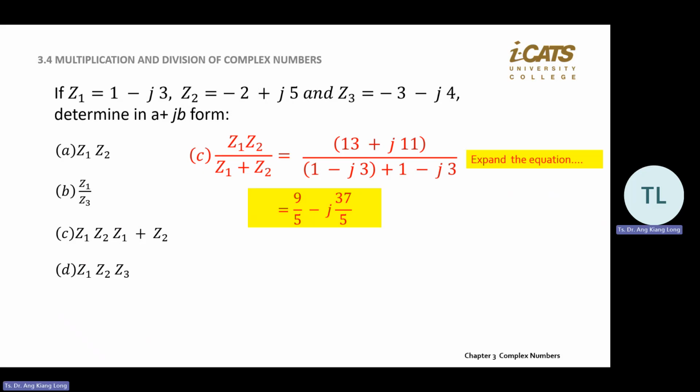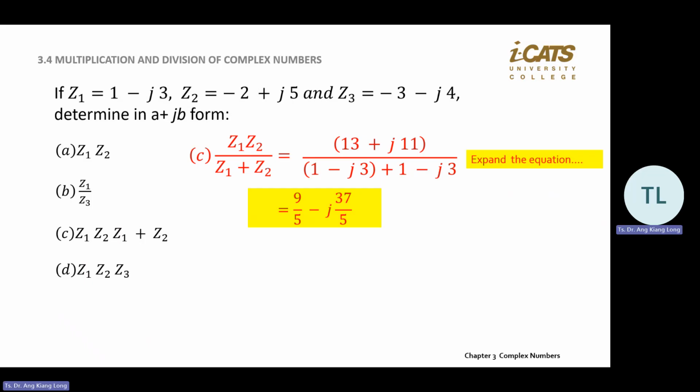Sometimes I get confused with my own writing. Okay. 13 minus 26j minus 11j minus 22j squared.